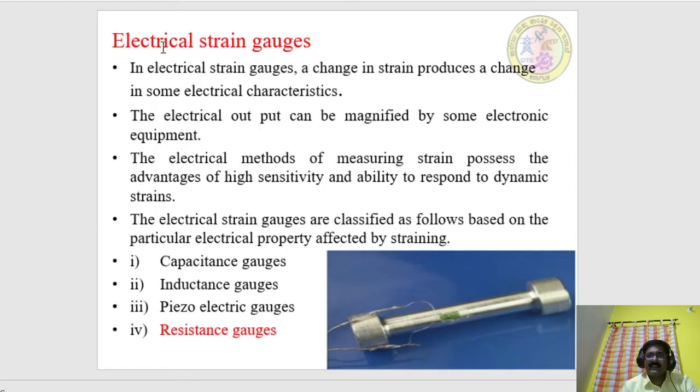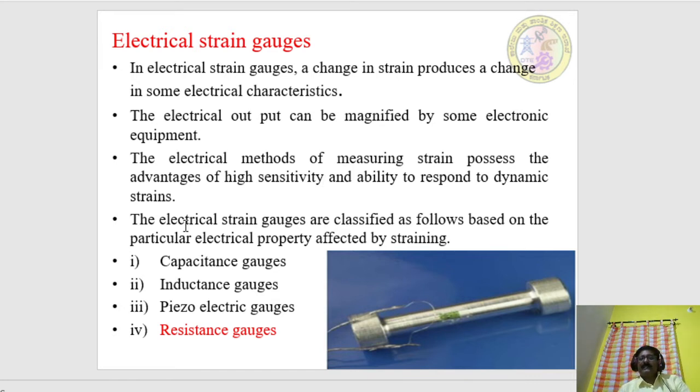Next, electrical strain gauges. In these strain gauges, a change in strain produces a change in some electrical characteristic. The electrical output can be magnified by electronic instruments to measure strain, which gives the advantage of high sensitivity and the ability to respond to dynamic strains.